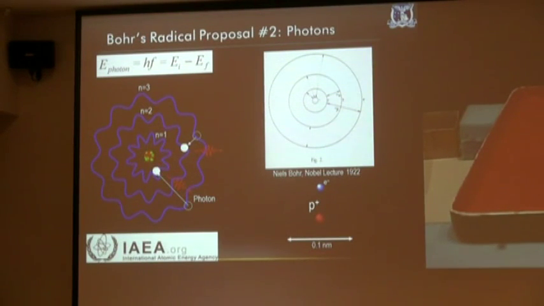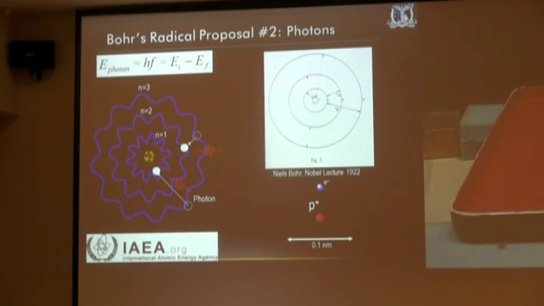And let's imagine that that photon is emitted with a frequency, with an oscillation that's got nothing whatsoever to do with the oscillation of the electron. It's simply got to do with the difference in energy between the initial state and the final state. There is no mechanical oscillation going on here. This is not a transition that can be understood by the laws of mechanics and ordinary classical physics. This was a second rather radical idea.